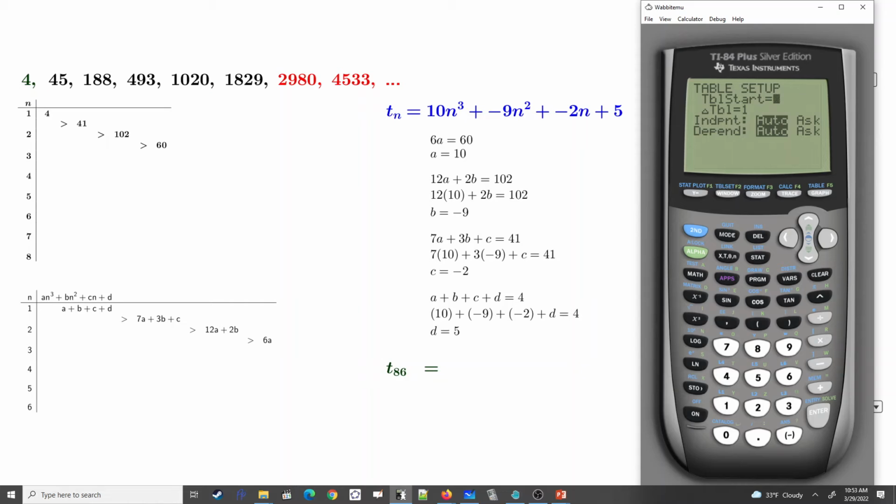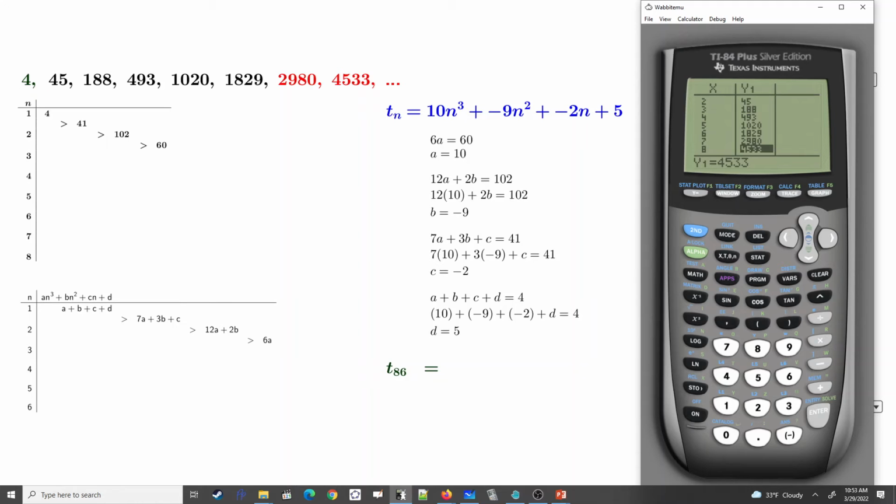If I want to confirm that all my numbers are right, I could go to 1. I could go down a delta table, make that count by ones. That's all it means, counting by ones. And then when I hit second graph, I can confirm the numbers in the table. So I know I have that right, and I know my formula is correct.